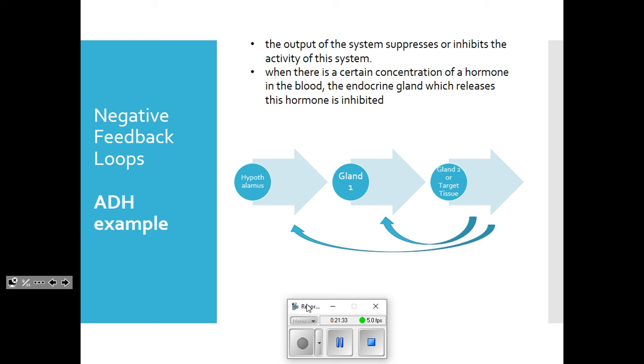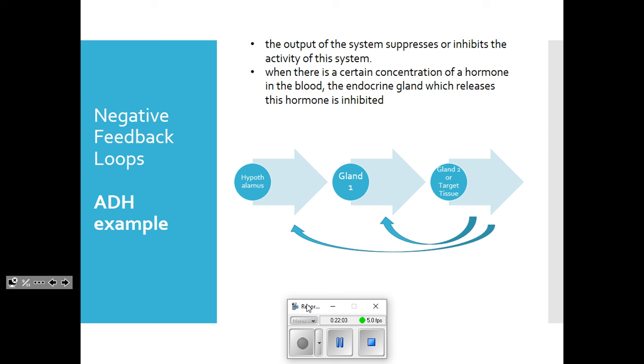So gland 1 would be the posterior pituitary. What is the posterior pituitary releasing? Well, ADH. So in this example specifically, ADH is going from the hypothalamus to gland 1, and then ADH is what's being released from gland 1. That's because in this particular scenario, it's produced in the hypothalamus, but released by the posterior pituitary.